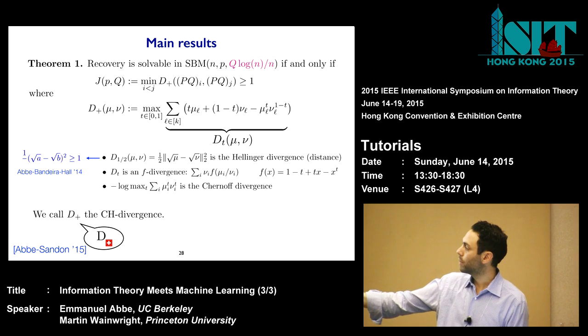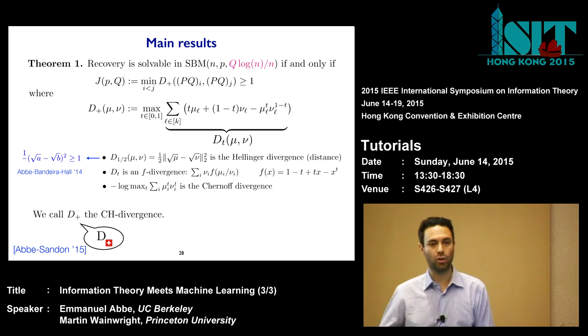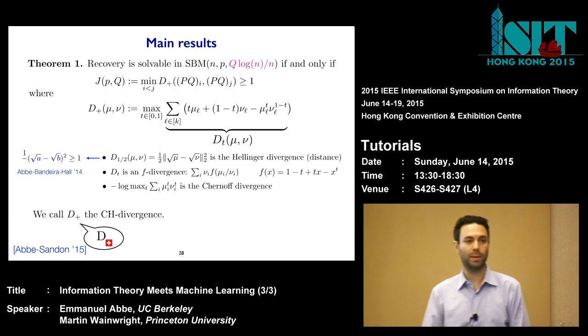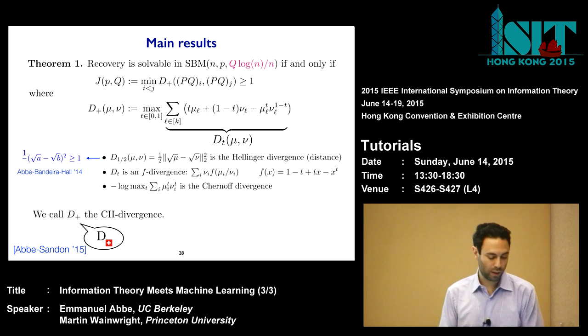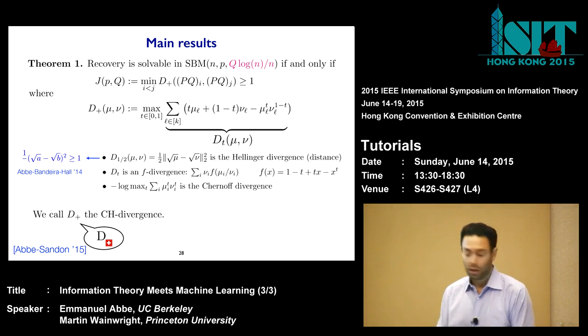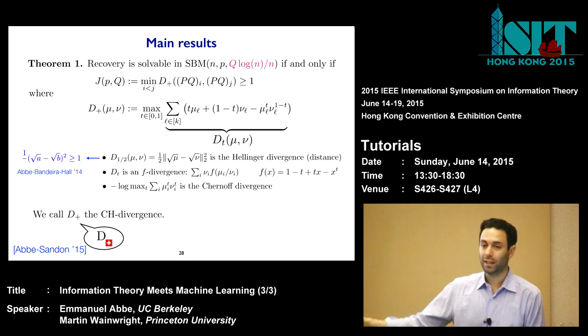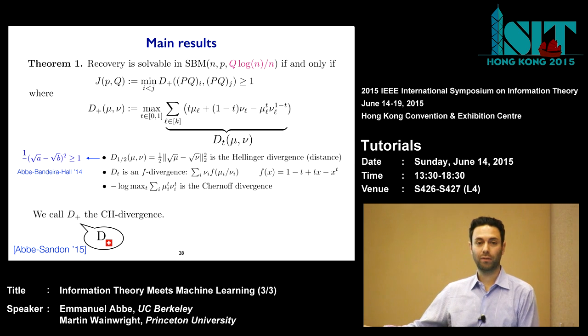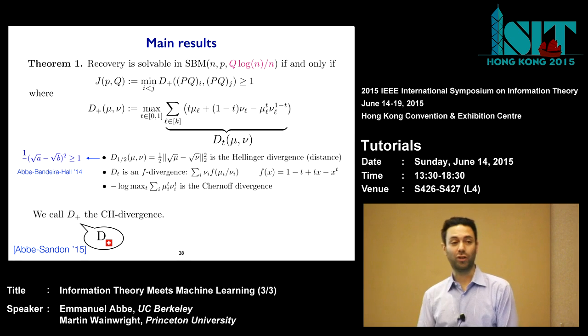This expression becomes half times (square root of a minus square root of b) squared being more than 1, and this is the same as the threshold that we had before: (a plus b) divided by 2 more than 1 plus square root of ab. But it turns out that in many cases, the optimizer is not at half. What's good, and something that if you're an information theorist you should get excited about, is that this is an f-divergence.